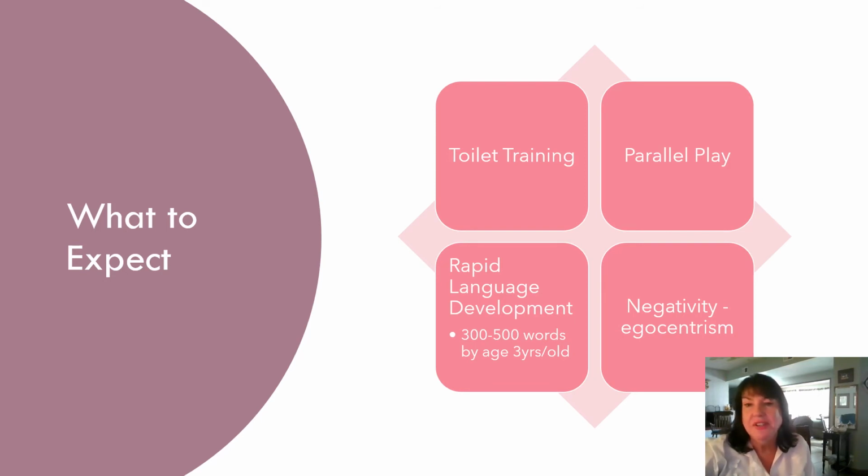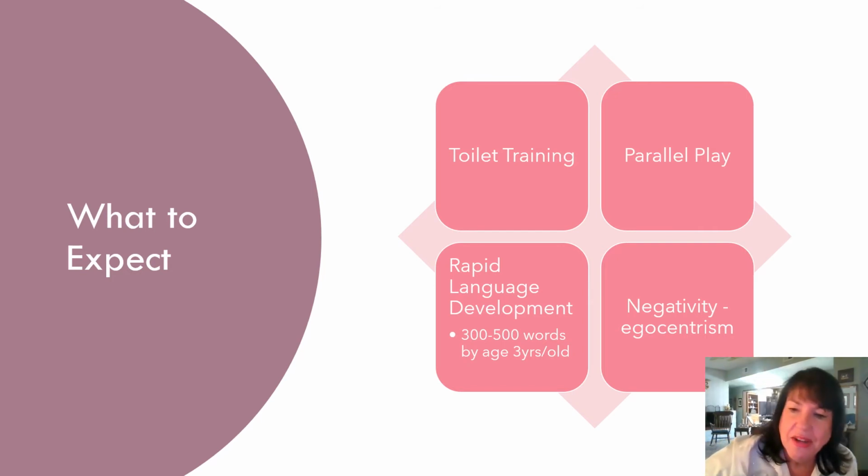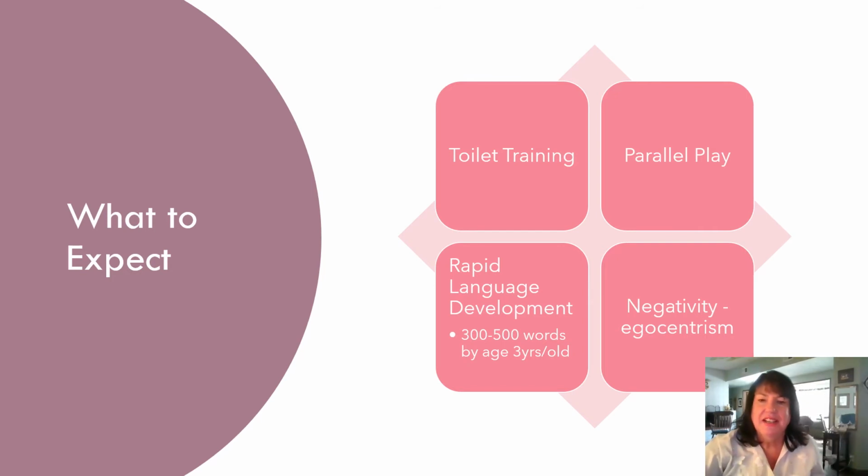Your toddler generally loves to play, but they're more often involved in parallel play, not necessarily play with another child, but they are very happy to play alongside, next to another child, and we'll call that parallel play. They have a very rapid language development. 300 to 500 words is the norm by the time a child reaches 3 years old.